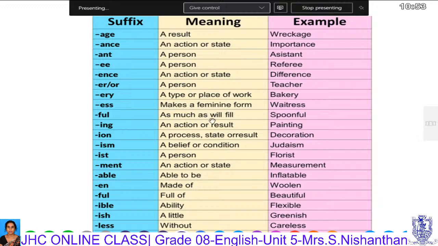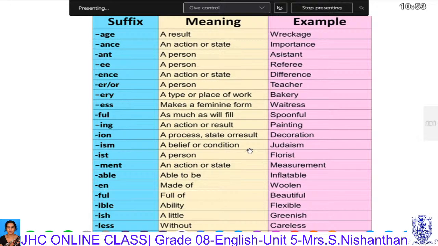FUL means as much as, willful, spoonful. ING gives action or result like painting, singing, dancing. Painting. ION gives a process, state or result, decoration. ISM, a belief or condition.